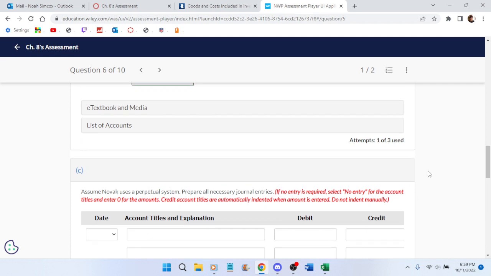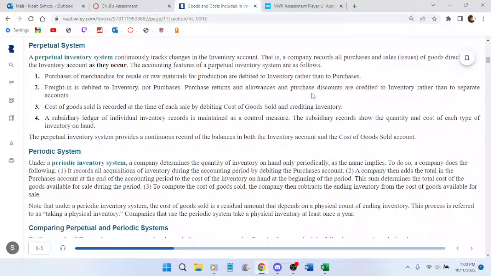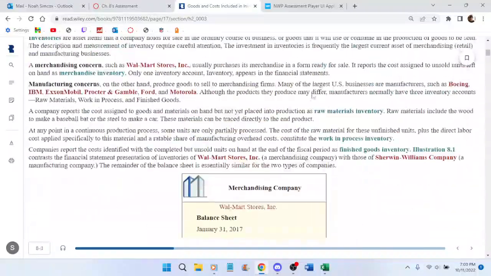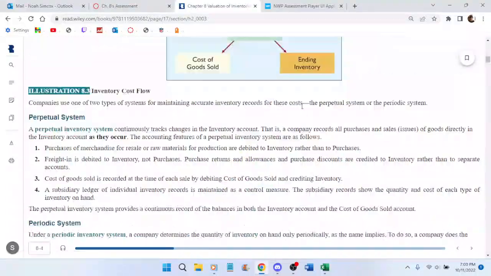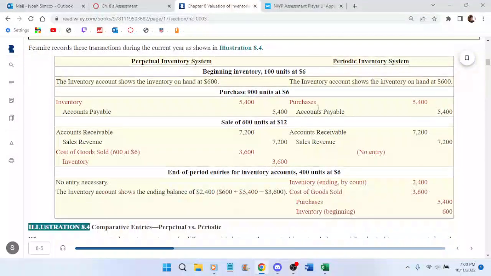Now do the entire thing again, except using a perpetual system. What a fun time, everybody. What are the differences?